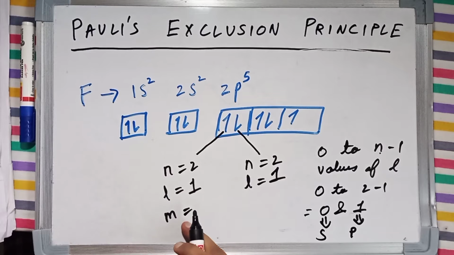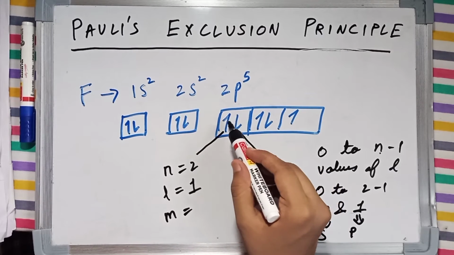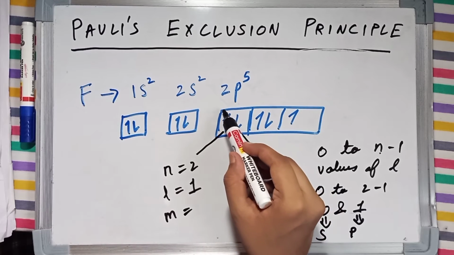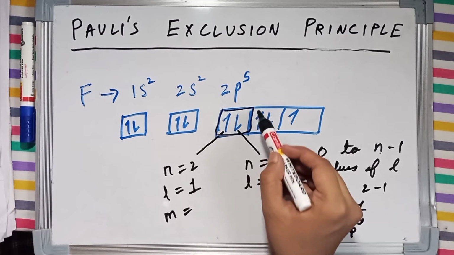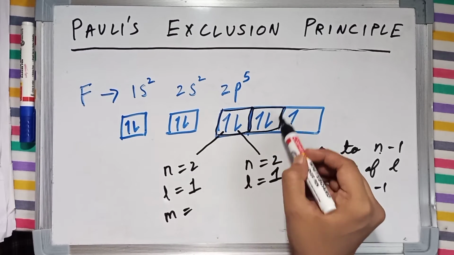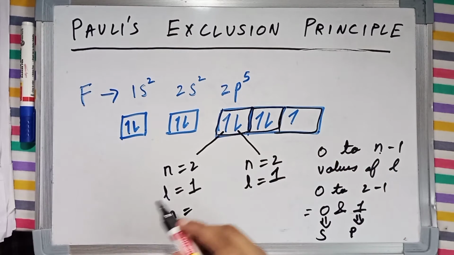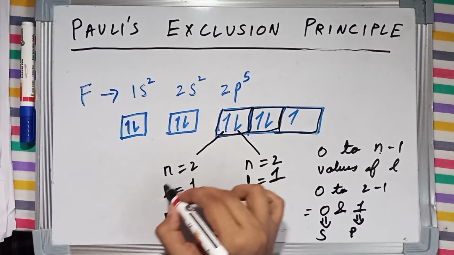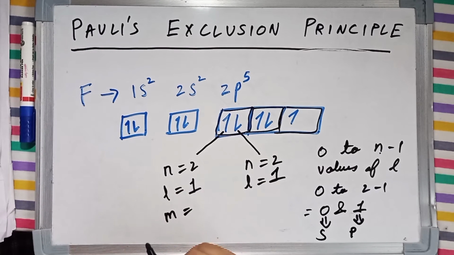Now for magnetic quantum number, it basically names a particular orbital of a subshell. We have 3 orbitals in 2p subshell as the first one, the second one, and the third one. Now what are the values of m? For a given value of l, there are 2l plus 1 values of m.